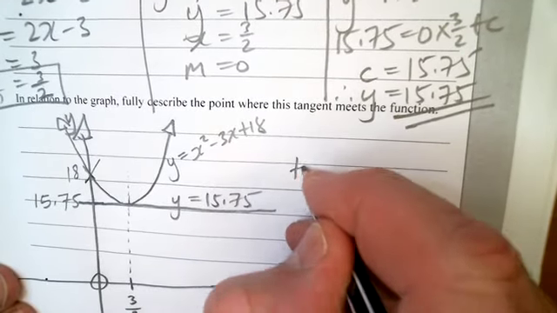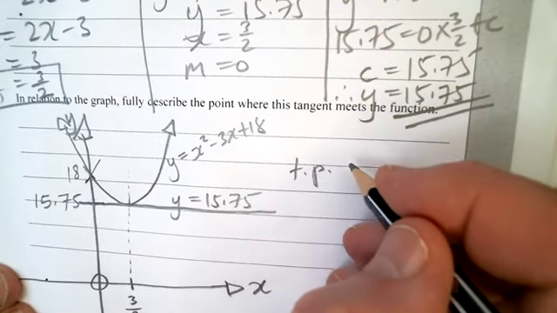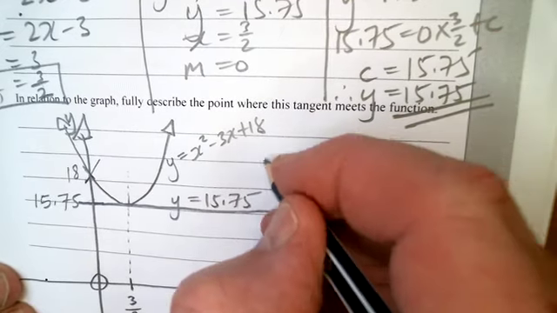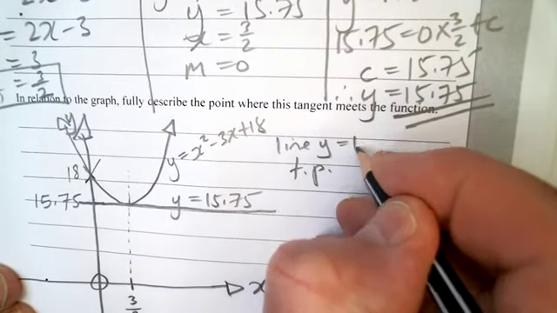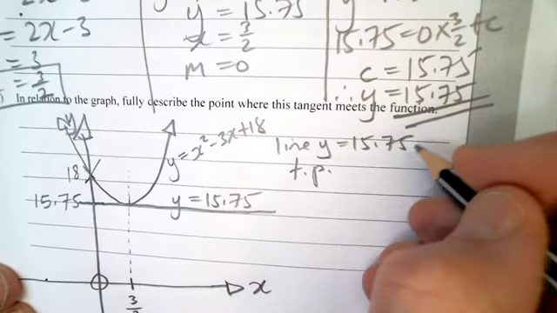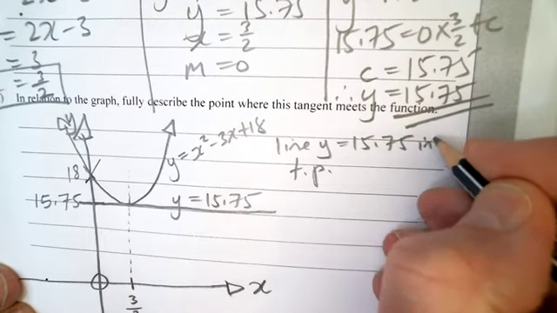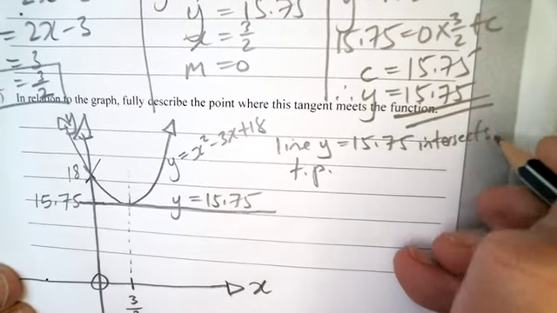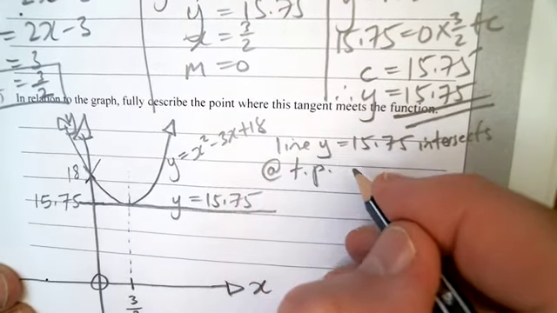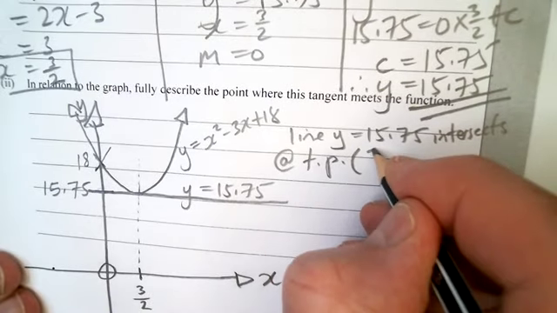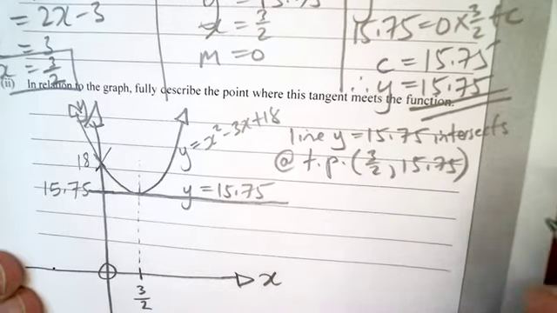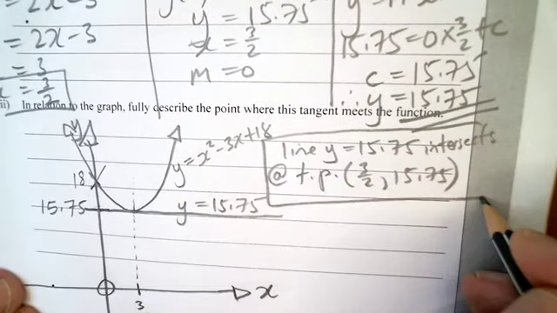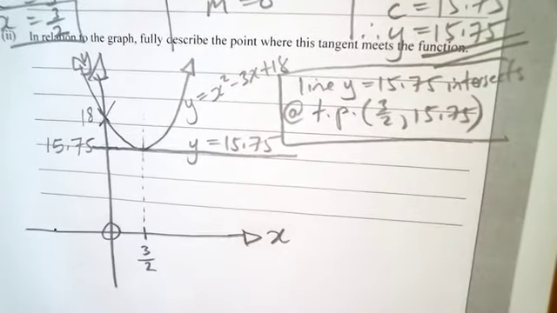So the turning point, why don't we say line y is equal to 15.75 intersects at the turning point, which is going to be 3/2, 15.75. And that statement there pretty much covers what's going on here.